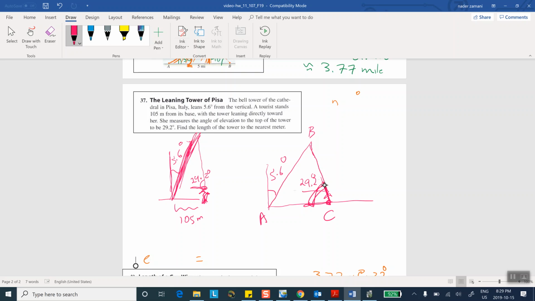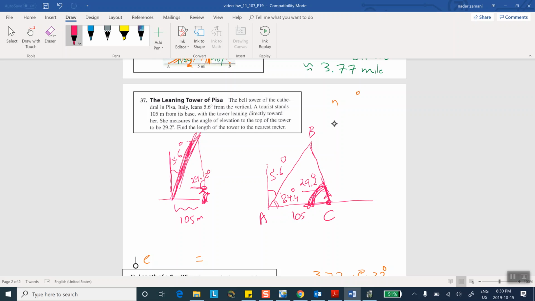Okay. So if this is 29.2, this angle, 90 minus 5.6, is not 50. Take 90 and subtract 5.6 from it, so it's going to be 84.4 degrees. 84.4 plus 5.6 is 90, and that's the way it's supposed to be. So remember, AC is 105 meters.